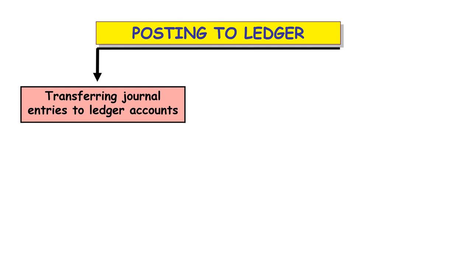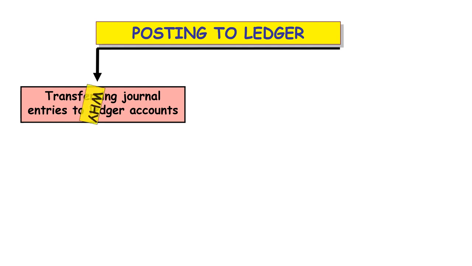There are different types of ledgers a company can keep, but the one we are going to be referring to is called the general ledger. The ledger is where all the accounts of assets, liabilities, revenues, and expenses are kept by the business.